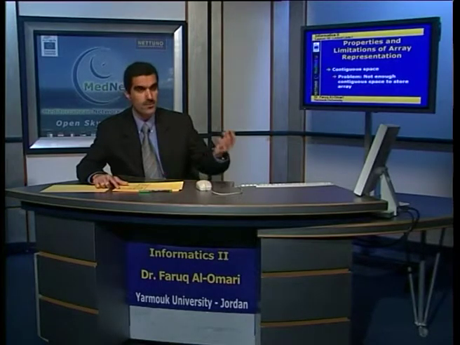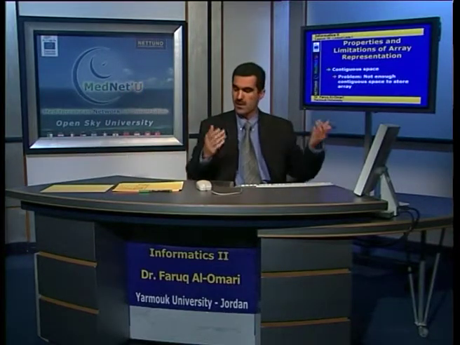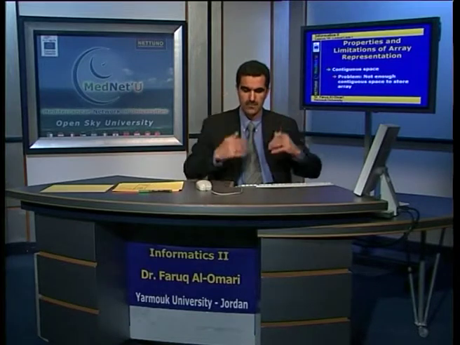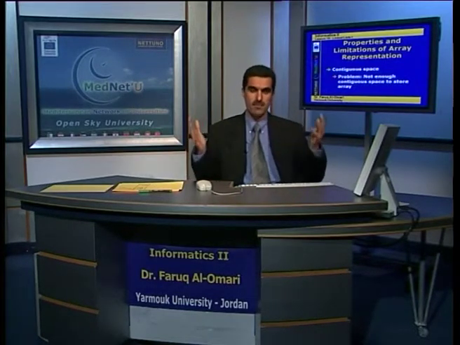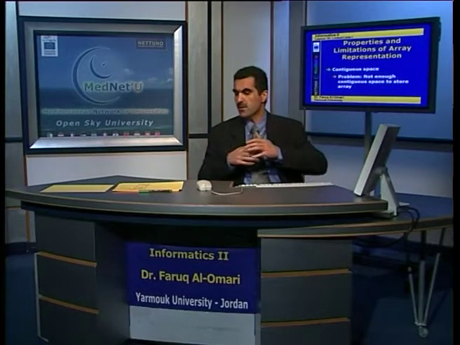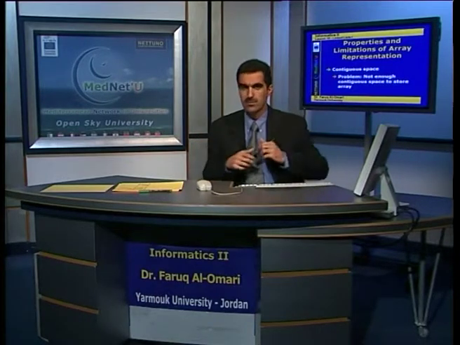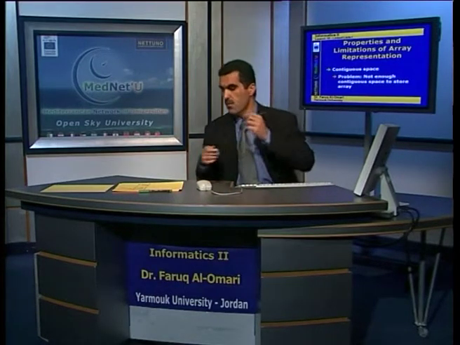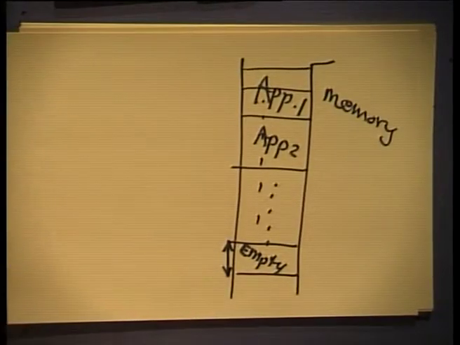Now, assume that I started running this application, which is going to reserve as part of its memory requirement a location for some structure called array, okay? And I need something like 2 kilobytes of memory to hold that data. However, this empty space in here is not actually enough for that.